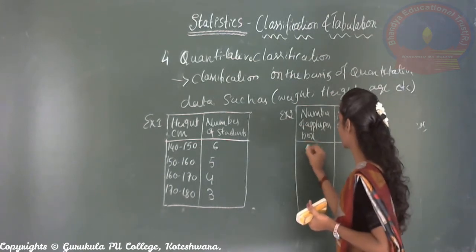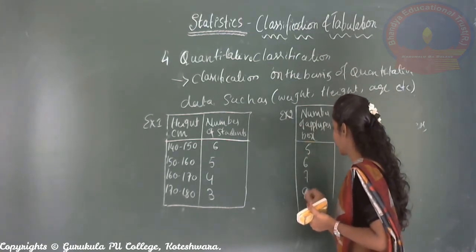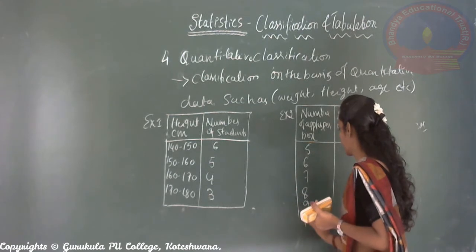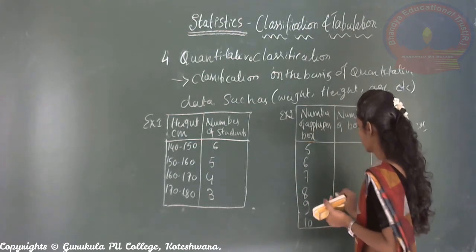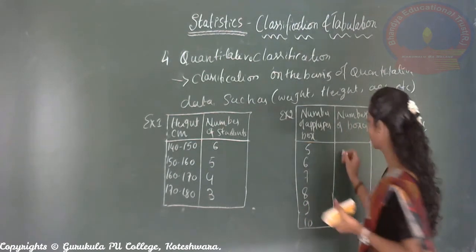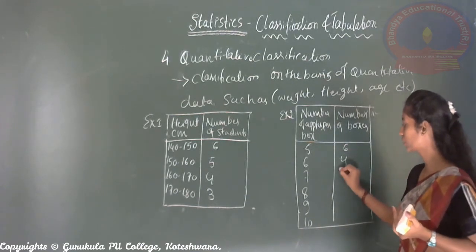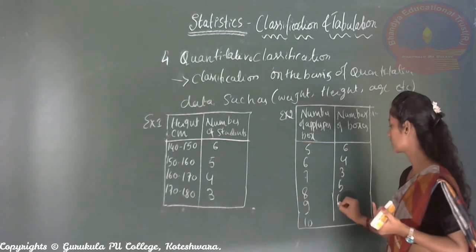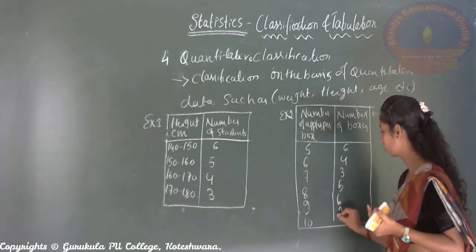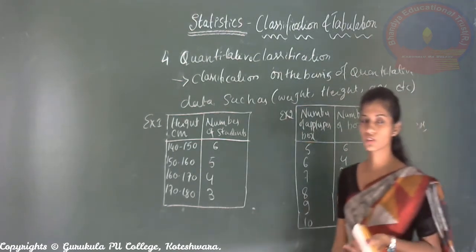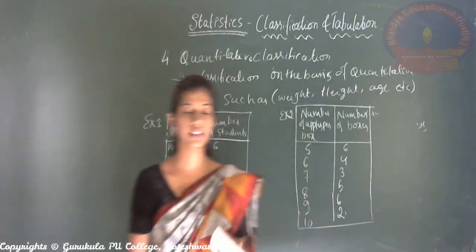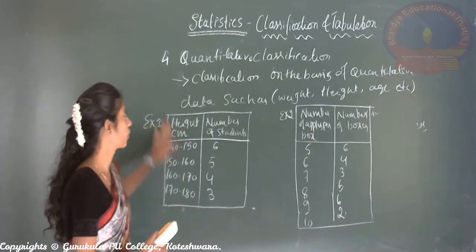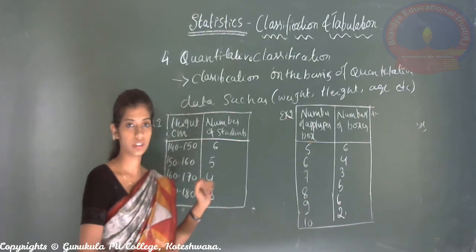Here 5, 6, 7, 8, 9 and 10. And here 6, 4, 3, 5, again 6 and 2. So these are the two examples for quantitative data.